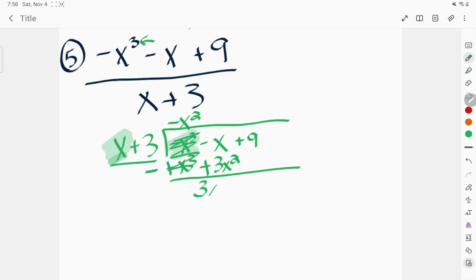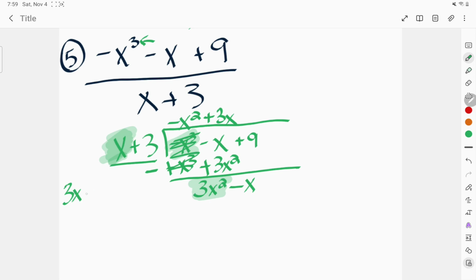So I just bring down that positive 3x squared and that negative x. So remember, when I'm doing this division, I only worry about my first terms. Okay? So I'm going to do 3x squared divided by x. That's going to give me a positive 3x.